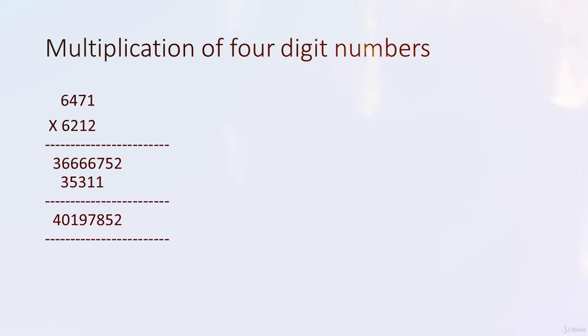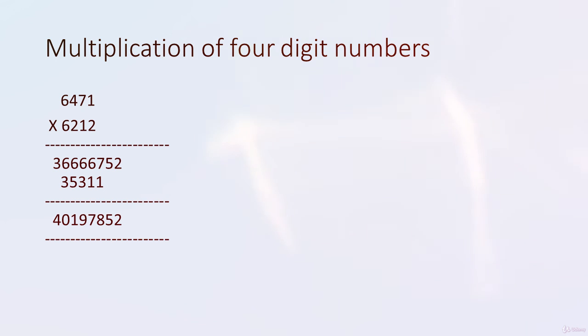We carry forward 5, we write down 6. Now we come to the next digit. The next digit will be cross multiplication between first and second, that is 6 multiplied by 2 plus 6 multiplied by 4. The answer will be 36. We write down 6, we carry forward 3.